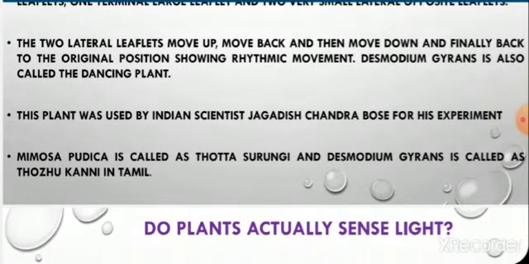There is an electric probe connected to a galvanometer, and that probe is inserted into the inner cortex of the stem. The galvanometer showed high electrical activity, similar to the beating of the heart, a rhythmic pulsating movement of the inner cortical cells.